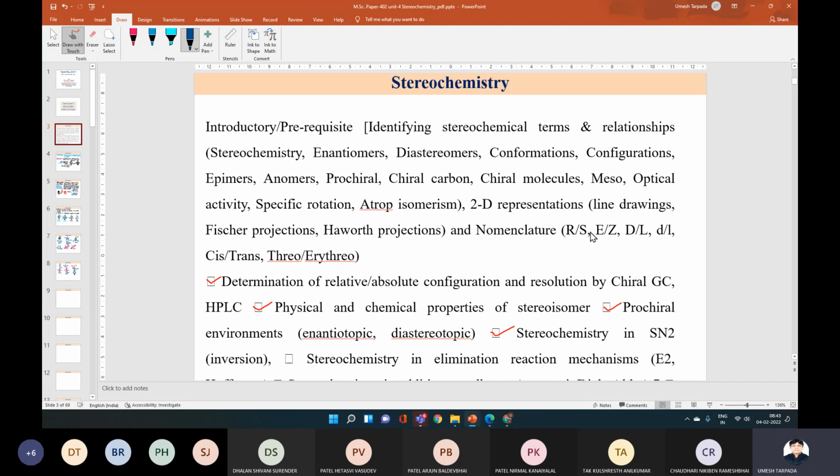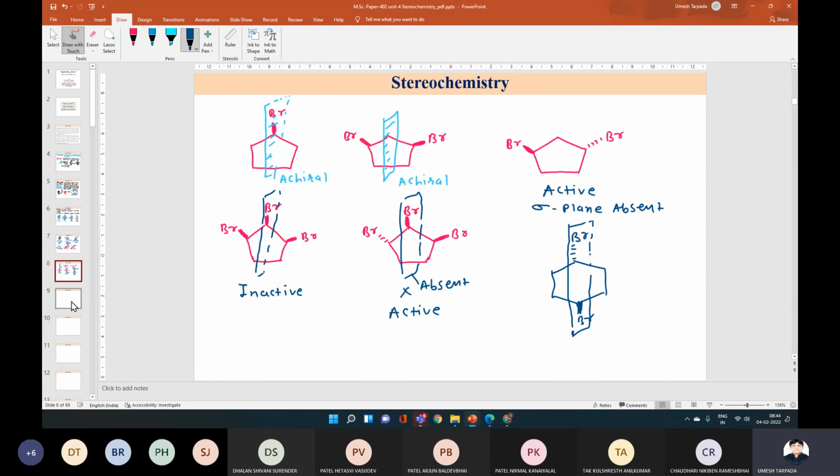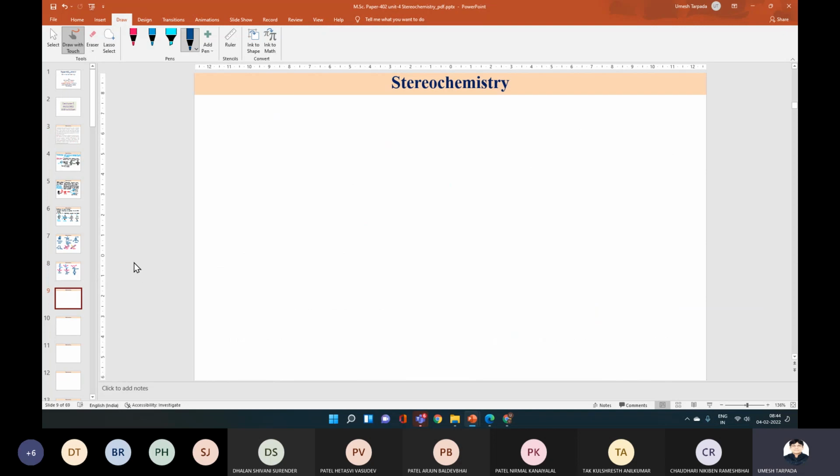Then you have different projections: line drawing projection, Fischer projection, Haworth projection, and then nomenclature of R/S and E/Z, capital D/L, small d/l, cis-trans, threo-erythro. This type of nomenclature is there. Meso compound is there, optical activity. So what is called a meso compound? What is called an enantiomer? That is there in your syllabus.